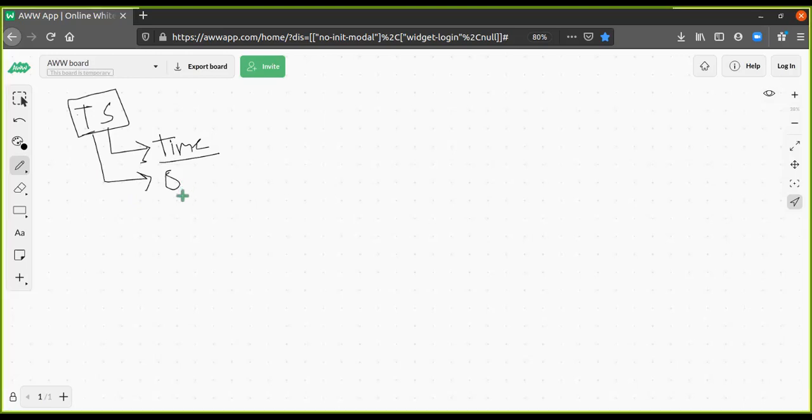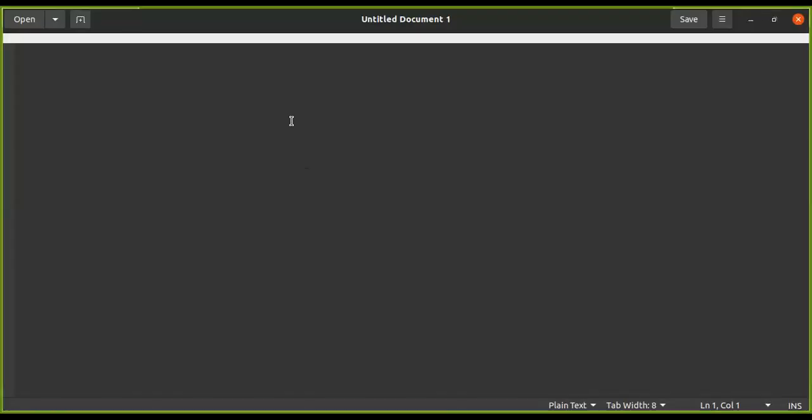I think there is some issue with the performance here. Let me just stop the sharing once. It is not working as well as expected. So let me try to do something else. Okay. Let me open a text editor. And let me share my screen.